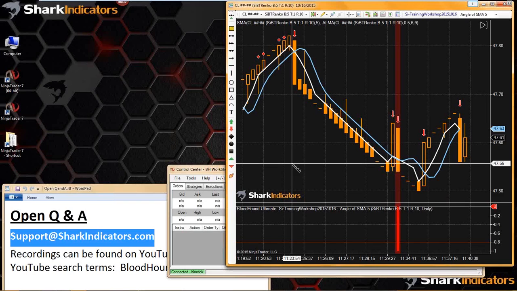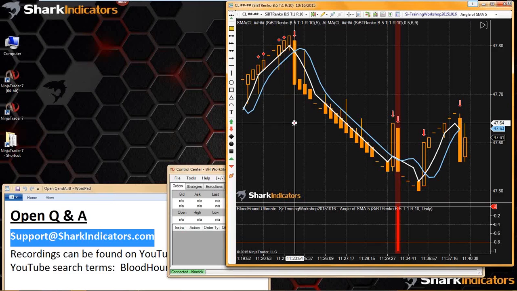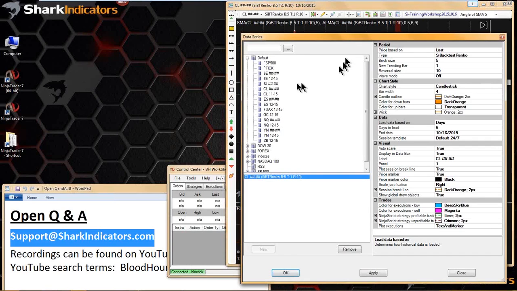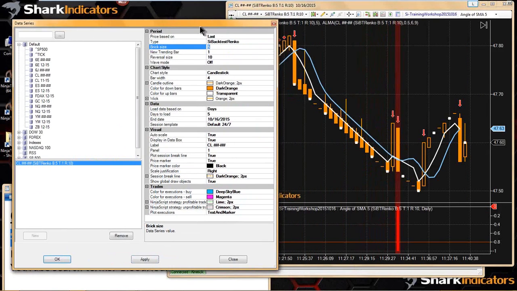Let's see here. Mark's got specific bar settings here. Alright, so Mark is using a reversal of 7, so let's do that. So Mark, there is no brick size when you're back testing, right? Brick size only applies to a standard Renko, but a back testable Renko doesn't have a brick size.